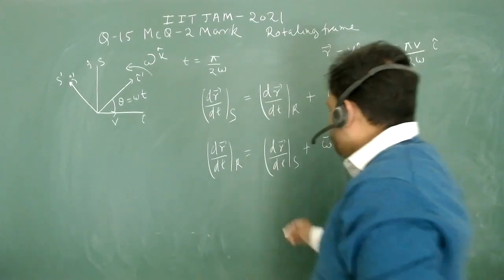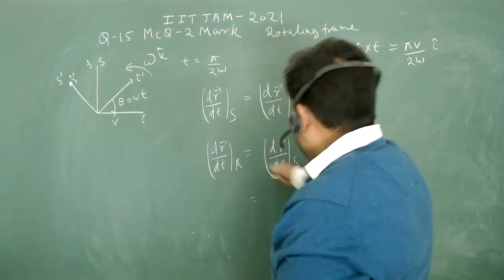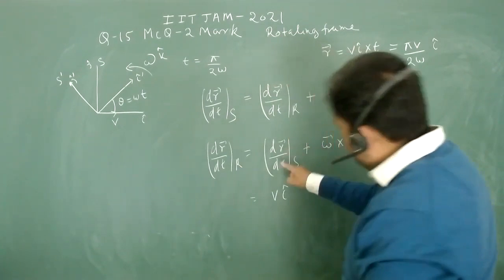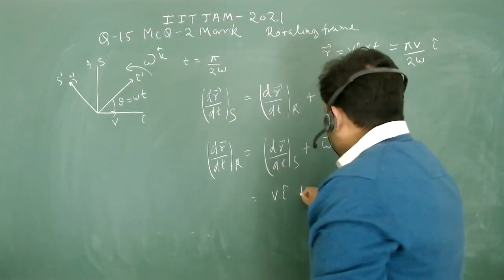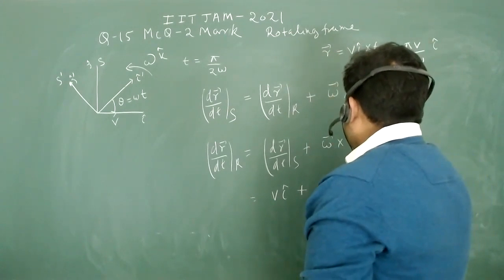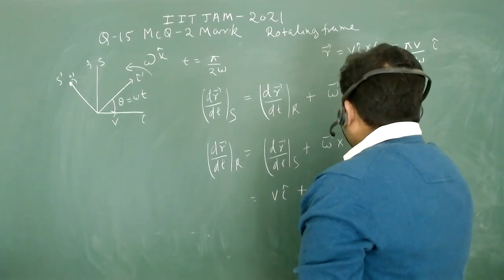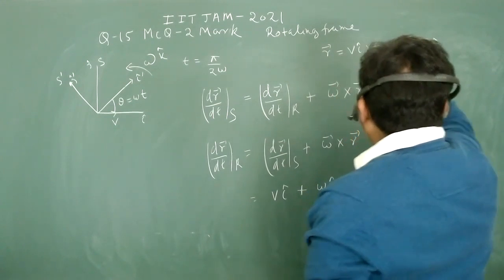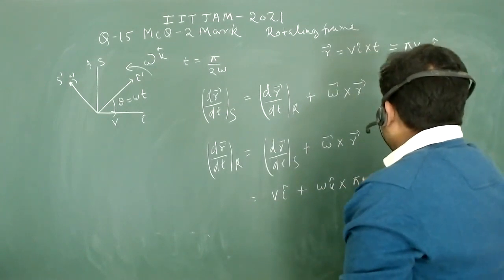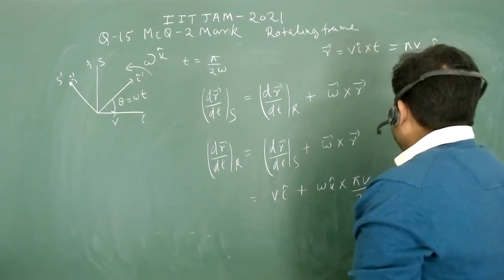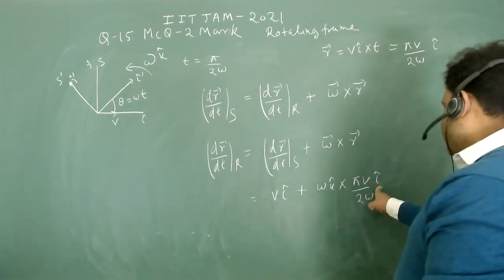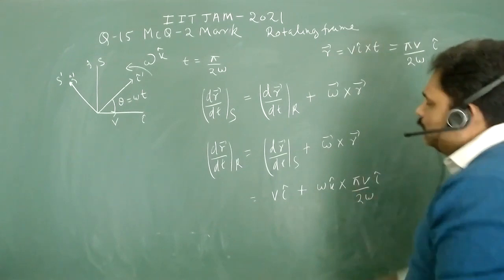So this is v i cap at some time t, plus omega, which is in k cap, cross r. r we have calculated as pi v upon 2 omega in the i cap direction. So k cross i cap is nothing but j cap.